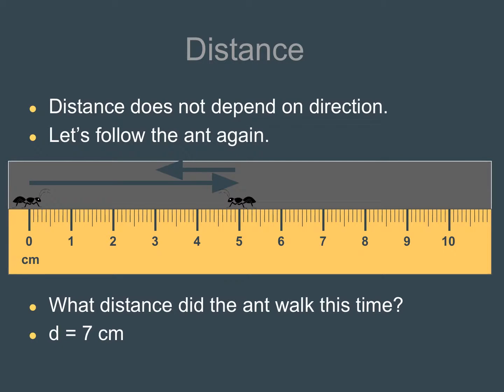All right, so if this little guy decides to go all the way to 5 and then needs to turn around for some reason and go to 3, he has gone a total of 5, 6, 7 centimeters. Okay, so the distance he walked is 7 centimeters.